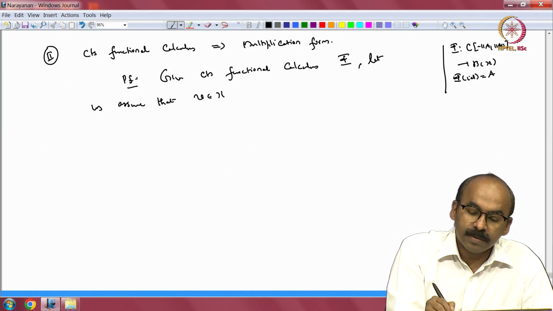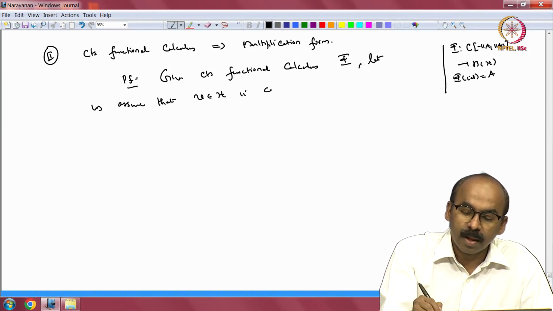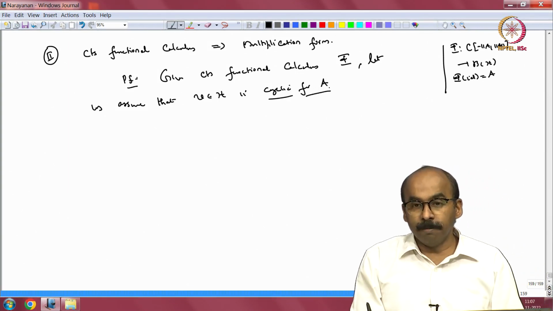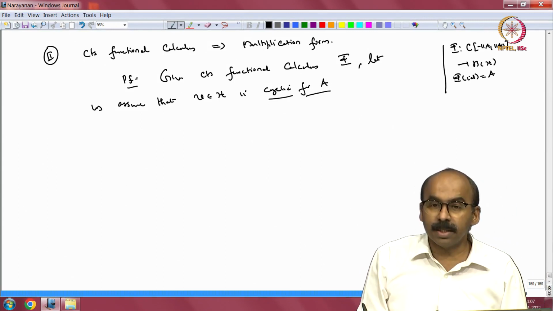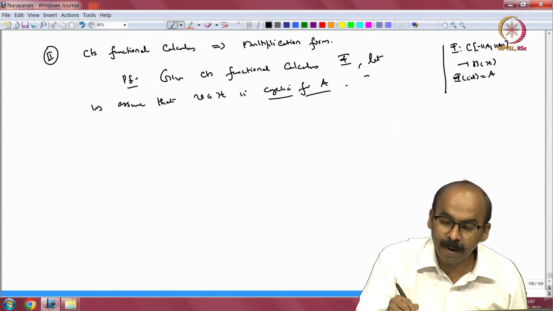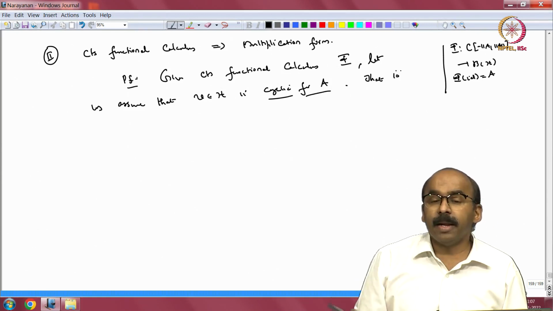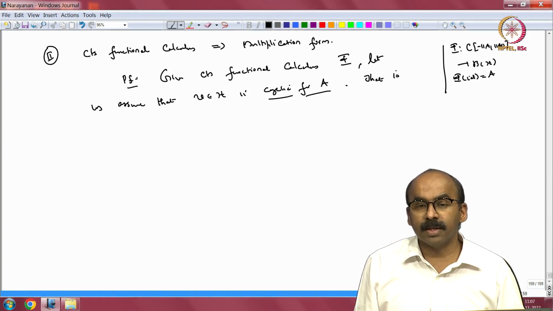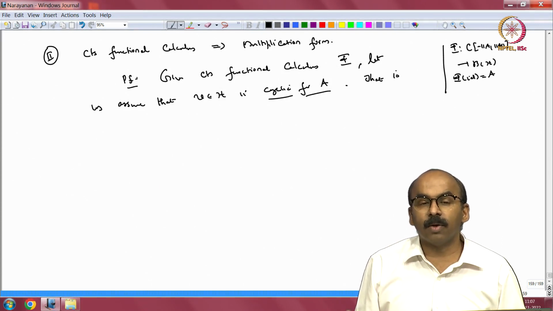Let us assume that V in H is cyclic for A. Okay. That is the simplest case, right. So, what does it mean to say it is cyclic? That is, you keep hitting V with A. So, you have V, you have AV, A square V, etc., and you take the closure of the span of that.